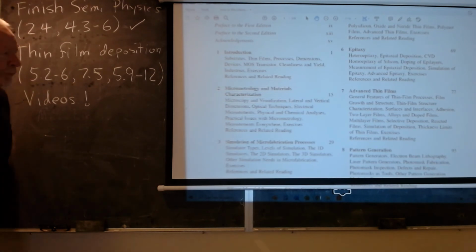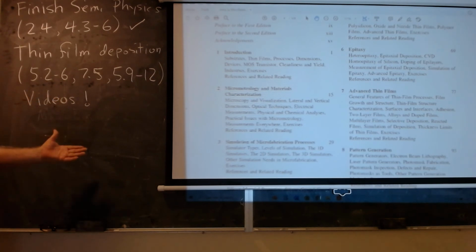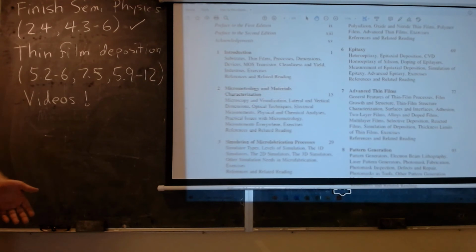Now, after teaching this course for the first time a year ago, I realized that it's a really boring course simply because, okay, standing up here and walking through how an evaporator works and showing a picture of it in the book and describing the steps of performing it and things like that is just really, really dry.